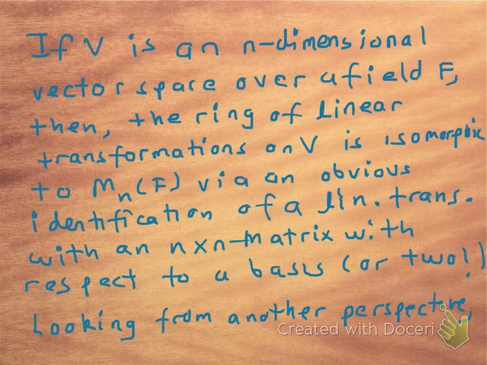First of all, take an n-dimensional vector space V over a field F, and notice that the ring of linear transformations on V is isomorphic to the ring of n by n matrices over F. And this happens via an obvious identification of a linear transformation with an n by n matrix with respect to a basis, or two if you want the codomain basis to be different.